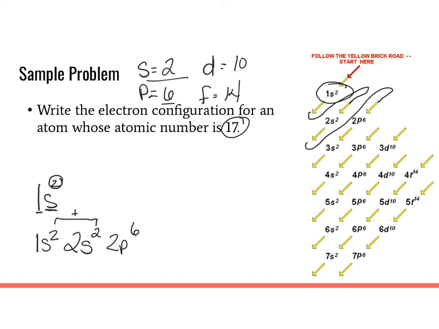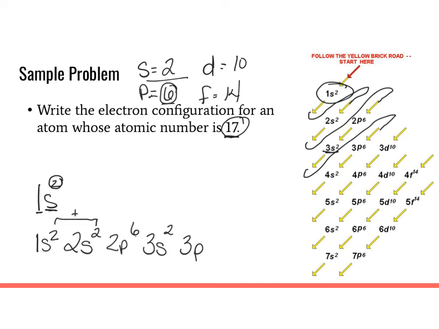So then what I'm going to do is I'm going to go to my next one, which is the 3s, and I can fit 2 of them in there. So now I have a total of 12 electrons. So we're getting closer. And then I'm going to follow this and go 3p. I know it can fit 6, but do I need all of those?